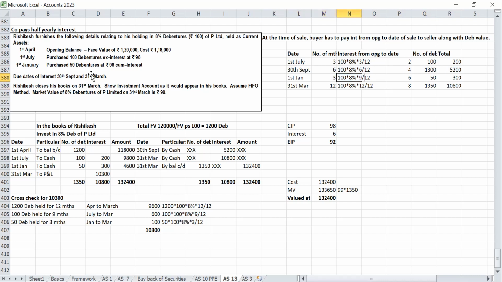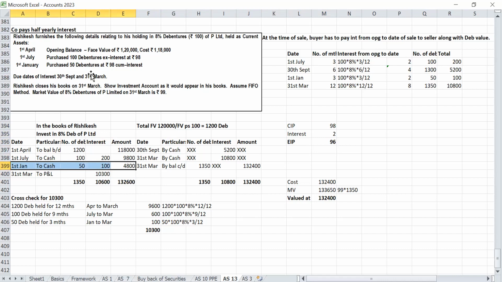So 100 into 8 into 3 by 12, 2 rupees. Number of debentures 50, interest portion 100. What is the cum interest price? 98 cum interest. Interest 2 rupees, so ex interest price 96. So 50 debentures into 96.